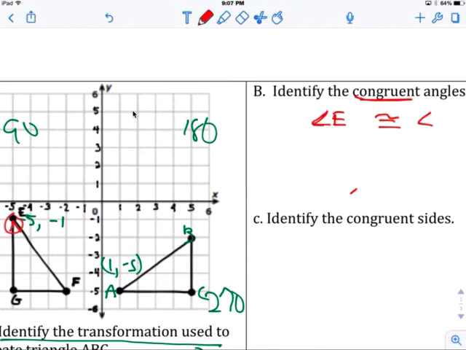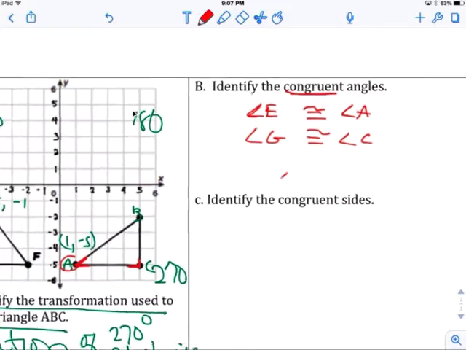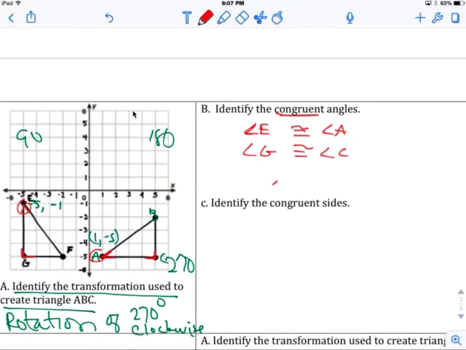Angle E is congruent to this symbol here, angle A. And then angle G is congruent to angle C. I hope it's the same as yours. I'm not sure I wrote it in on the copy, but you understand the concept, right? And then angle F is congruent to angle B.